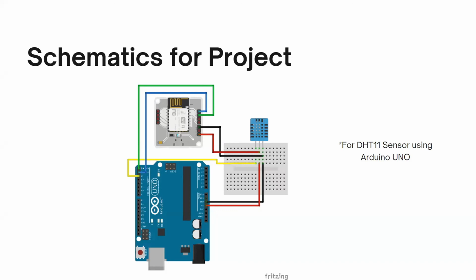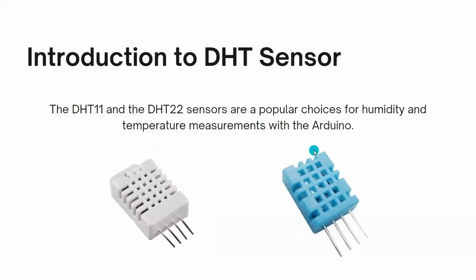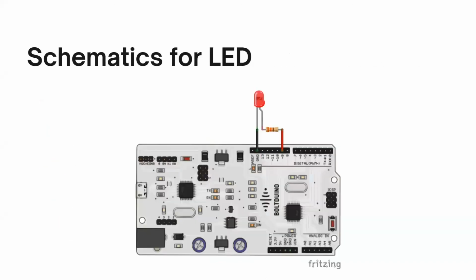You can define in code that as soon as you click that button, it should do something. You can collect it using Boltino. In a similar way, we have connected the LED. You can even use a push button here. All these things are available in the documentation. You can even Google how to connect a push button to an Arduino board. It is easily available. There are thousands of people who have put up their own projects with documentation.